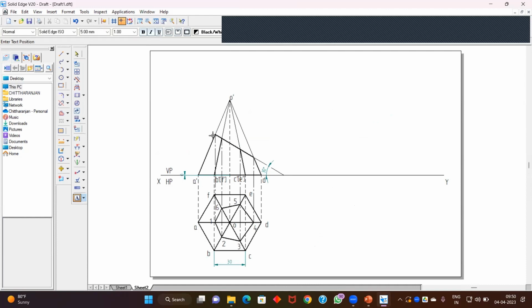Now also give the names here. 1 dash, 2 dash with 6 dash, 3 dash with 5 dash, and this is 4 dash.